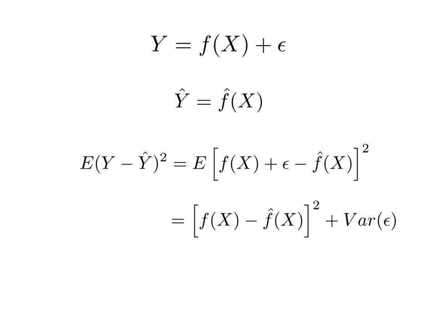And it turns out that with a little bit of algebra, we can decompose that into two components. The first part, f of x minus f hat of x, the difference in predictions squared, is called reducible error, because this is the error that we can reduce by choosing a better f hat.